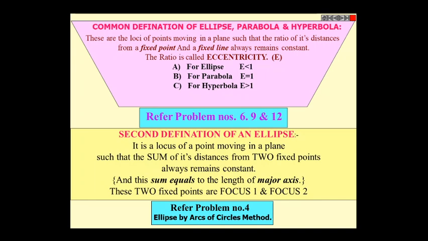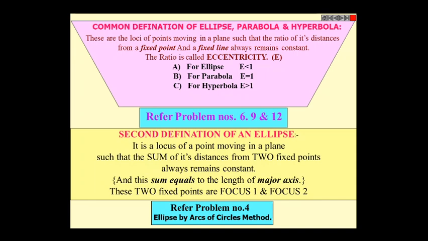Whether the shape is an ellipse, parabola, or hyperbola is based on this eccentricity value. If the eccentricity is less than 1, the shape is an ellipse. If the eccentricity is equal to 1, it is a parabola. If the eccentricity is greater than 1, it is classified as a hyperbola.